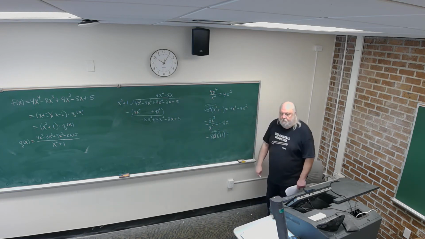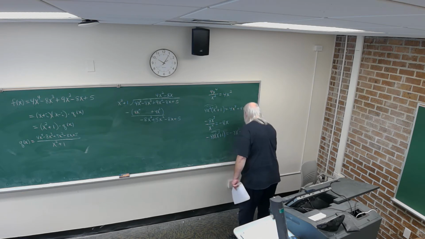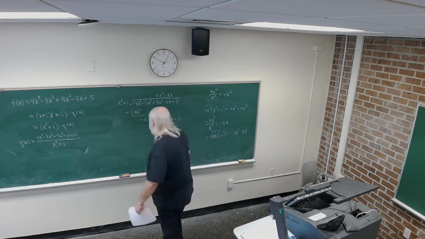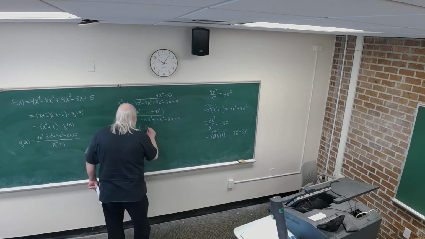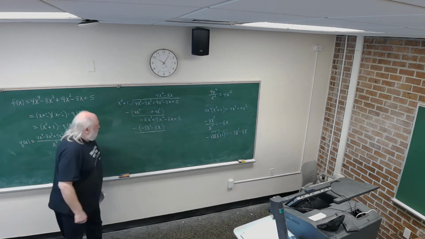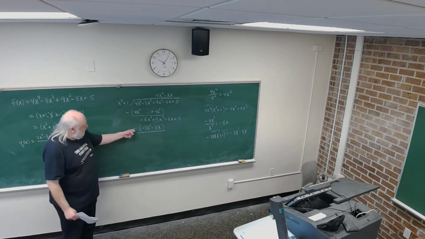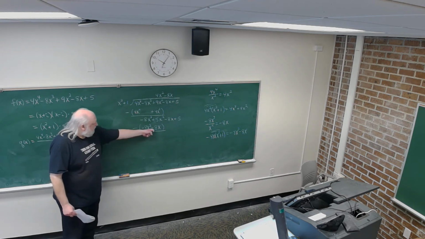When we distribute the minus 8x, we get minus 8x cubed minus 8x. So that's going to get subtracted from our new dividend. Now when you distribute the minus sign, minus 8x cubed is plus 8x cubed, and minus 8x becomes plus 8x.